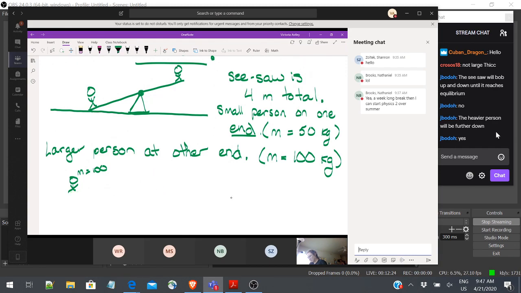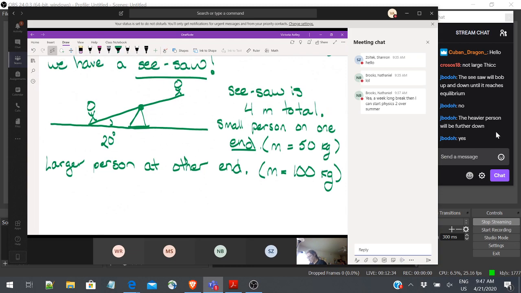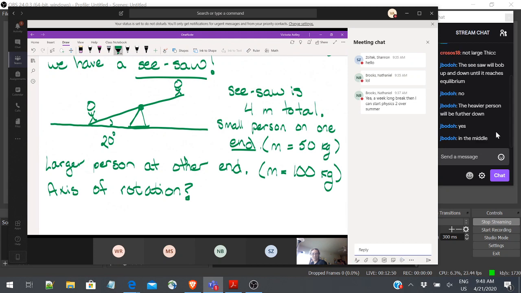So I'm going to declare this to be 20 degrees, right? That has to do with how high this fulcrum is. So can you tell me where the axis of rotation is? In the middle.